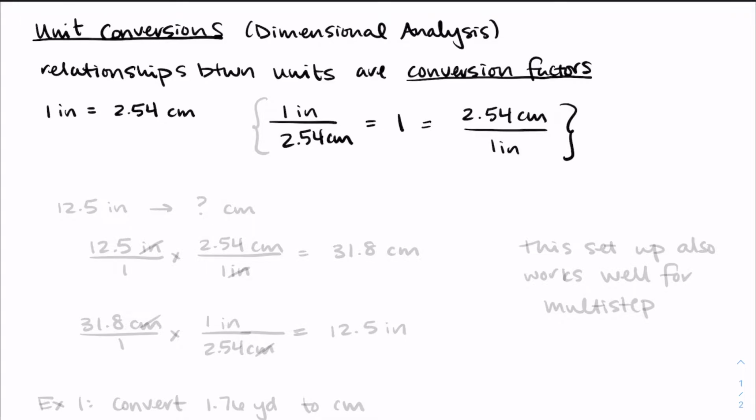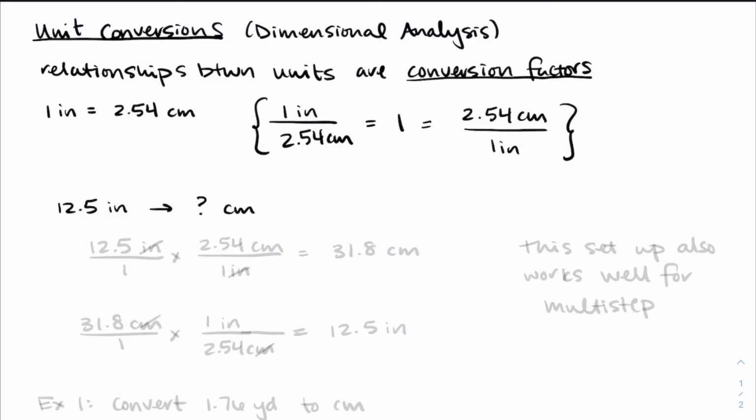Our answer would be 1, even though it doesn't look like any of the units cancel out. And you would get the same thing if you took 2.54 centimeters and divided by 1 inch. So they're equivalencies or equalities. You might see some of those words used to describe what is going on with this conversion factor.